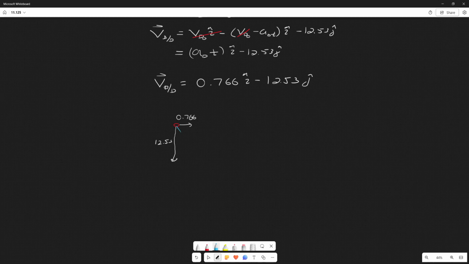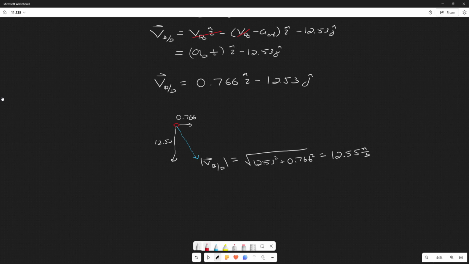The magnitude of the velocity vector, the magnitude of v b slash d, will equal the square root of 12.53 squared plus 0.766 squared. So the magnitude comes out to be 12.55 meters per second.